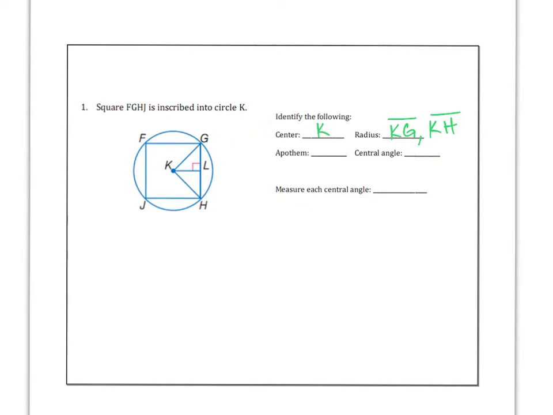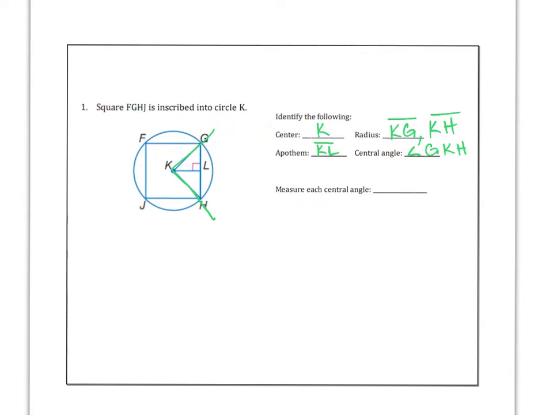But an apothem does not go to the edge of the circle, it goes to the edge of the polygon. So in this case, segment KL is an apothem. And the only central angle that's drawn in here is angle GKH. It goes through consecutive vertices of the polygon, which in this case is a square.